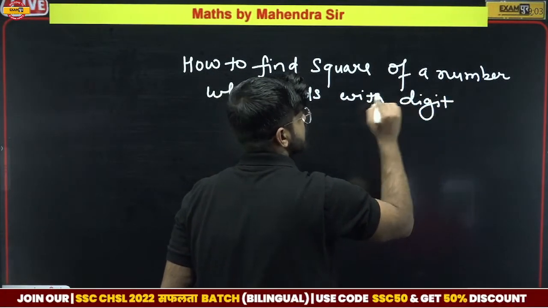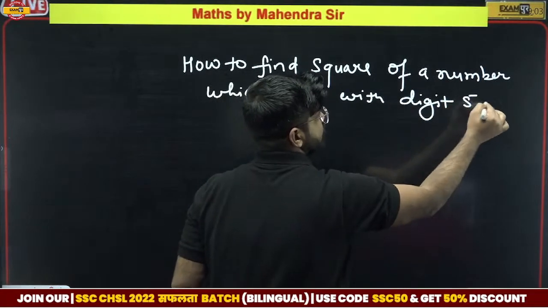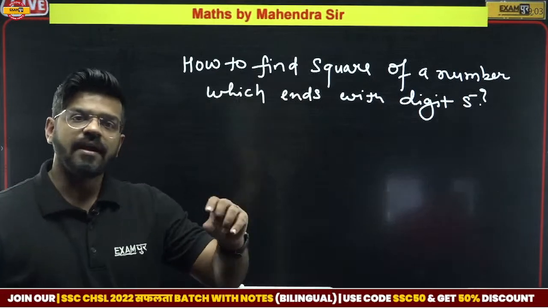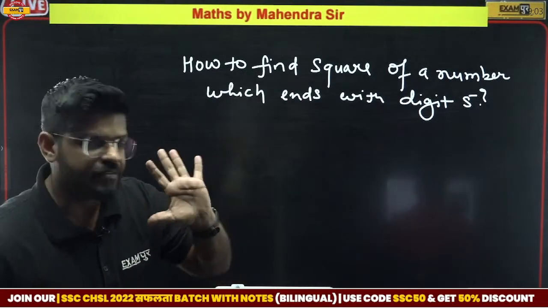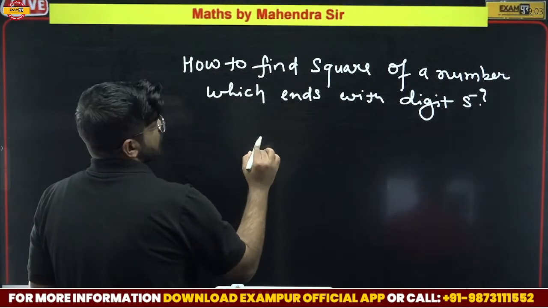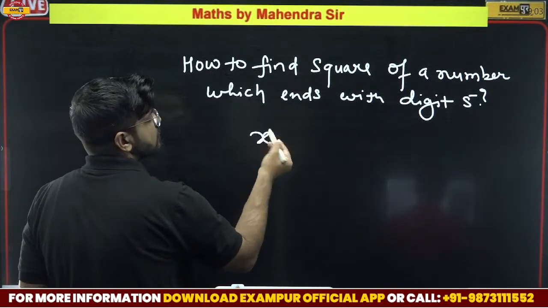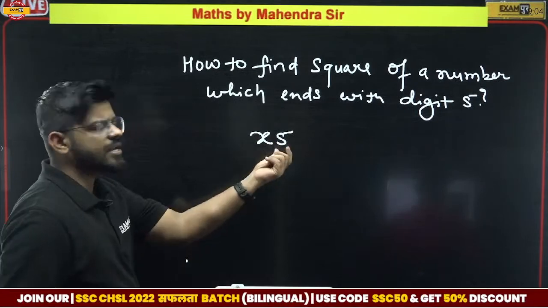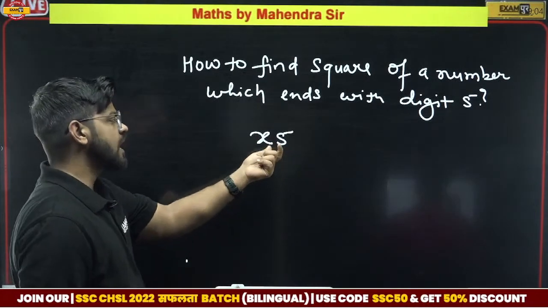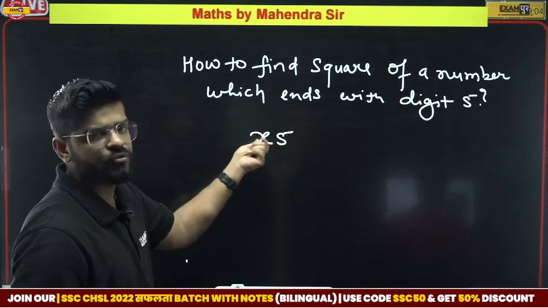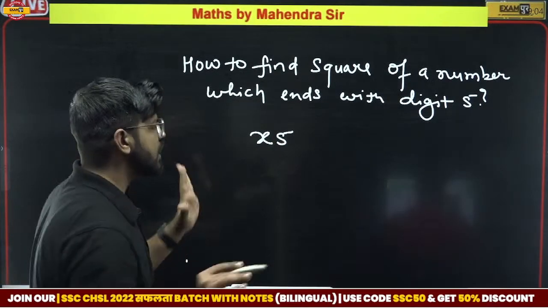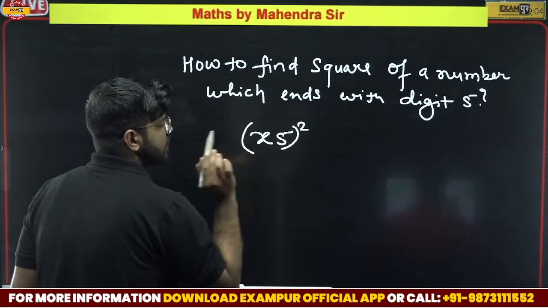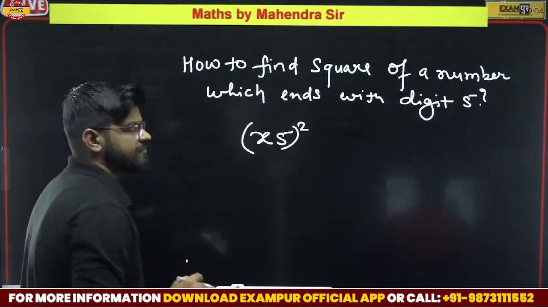So we have to find the square of a number with the unit digit 5, and before that we can have any number. Something x and 5.